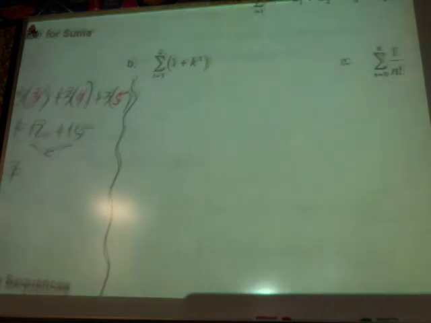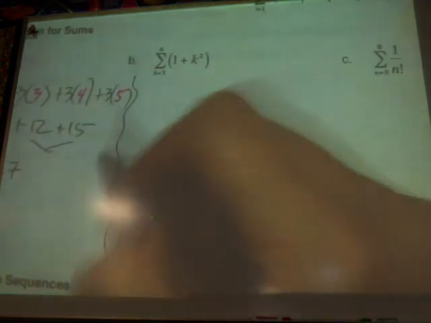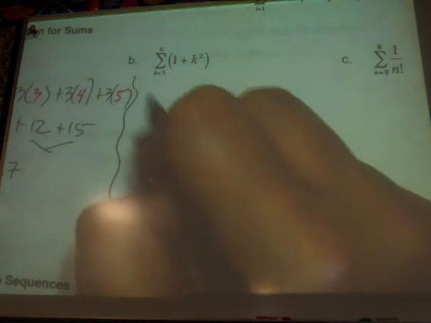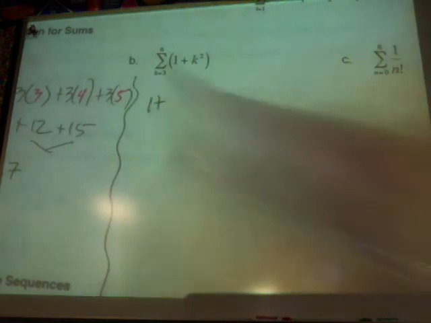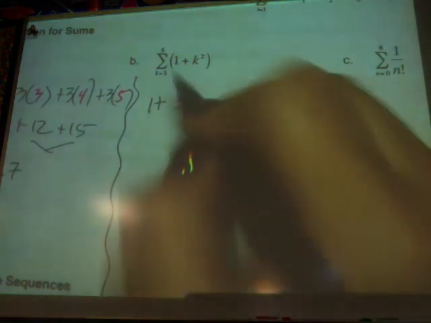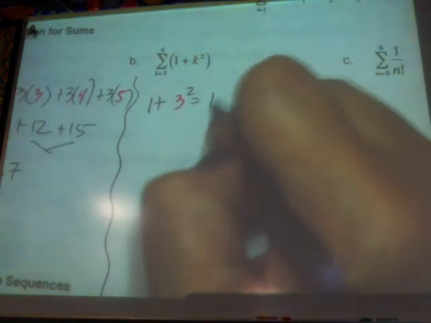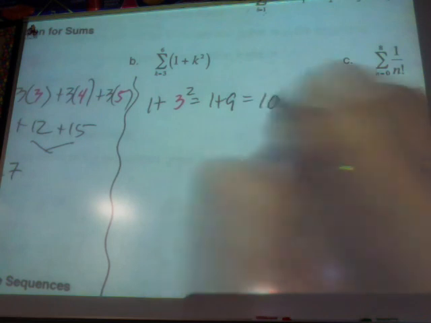So you're just doing the same thing, right? So let's do it vertically this time. We've got 1 plus our k is 3 squared, which equals 1 plus 9, which is 10.